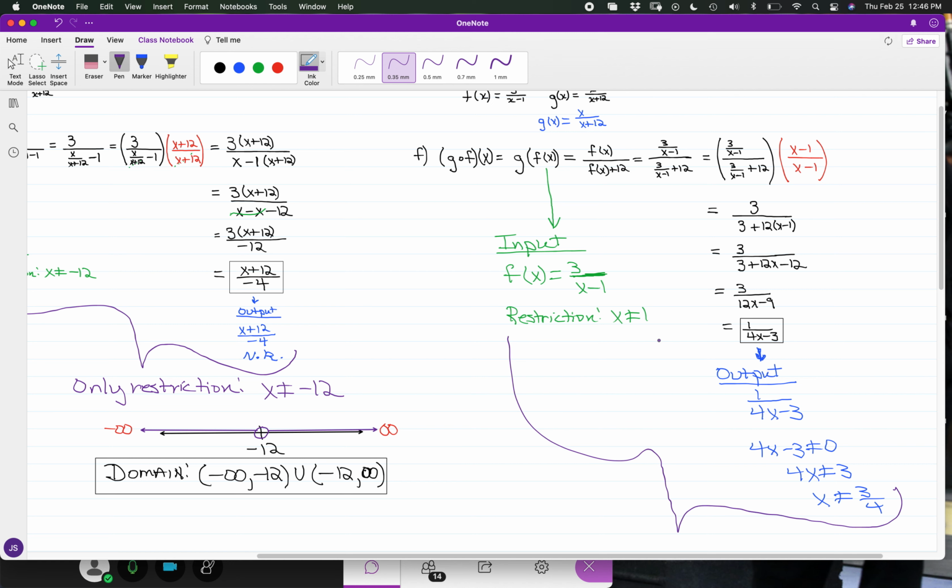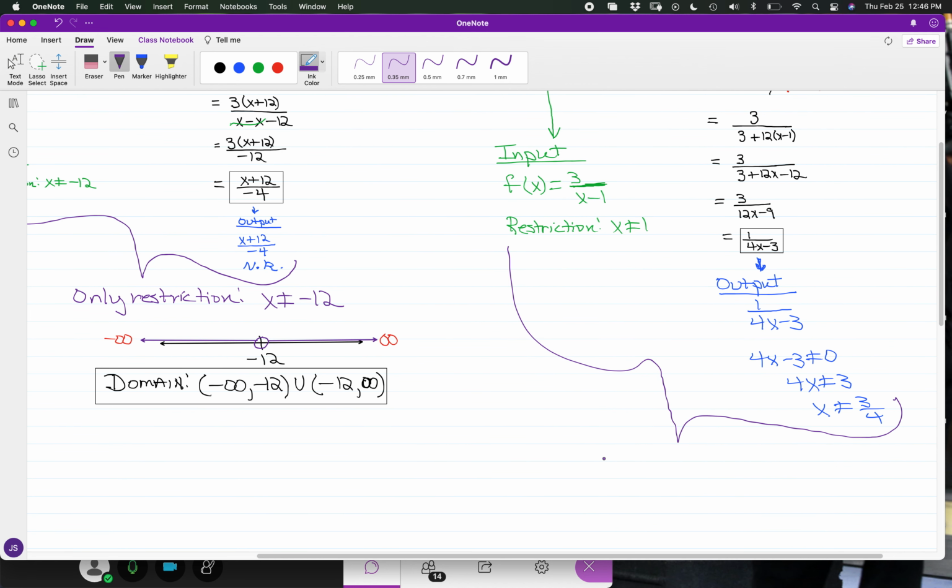So for the input function, and we have also included the output, we are combining the restrictions. So you have two exclusions, whereupon x cannot be 1, and also x cannot be equal to 3/4.